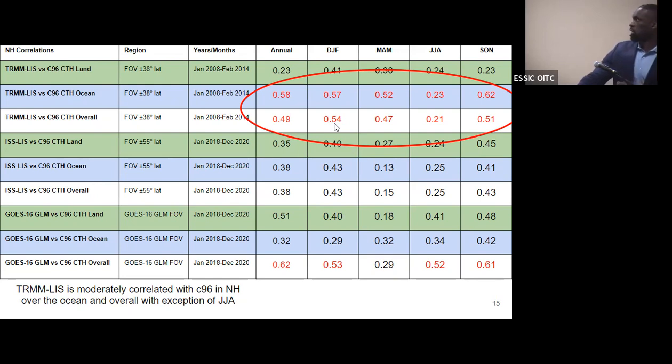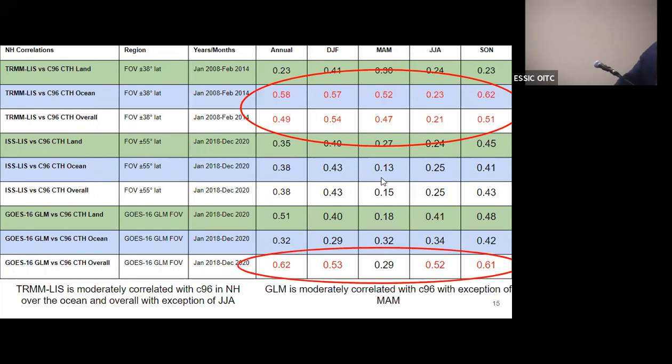That's better than just looking at both hemispheres. It still does okay over the ocean, except for the summertime. And then the GLM does moderately well over the grids in the Northern Hemisphere, except for March, April, May.